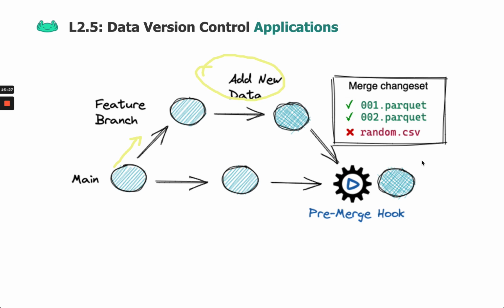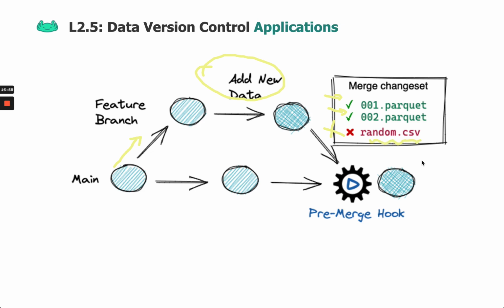My merge operation actually introduced my quality control gates. It checks that I have the right format of files that I want to write back. It says, okay, you have perfect files in the data that you want to merge back. But oops, somehow along the way, something with the logic, we don't know what happened. Maybe you copied the whole directory. A random CSV was inserted into the system.